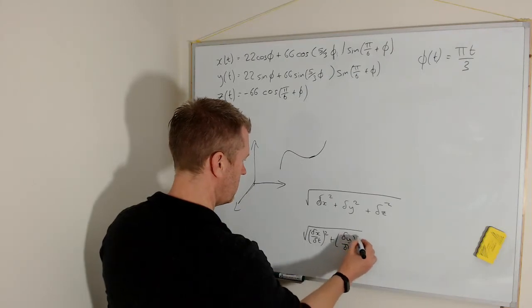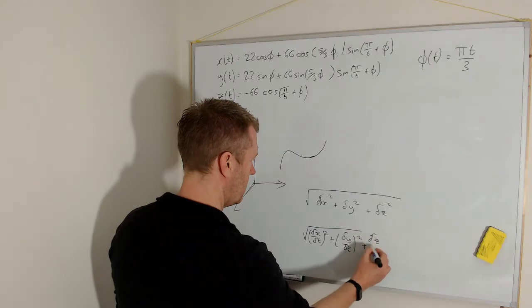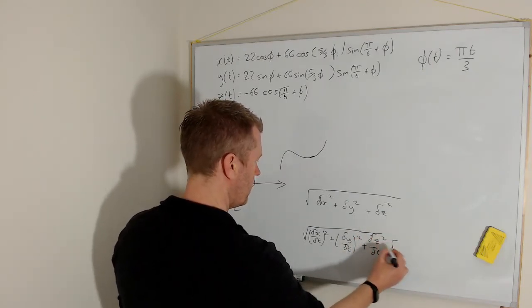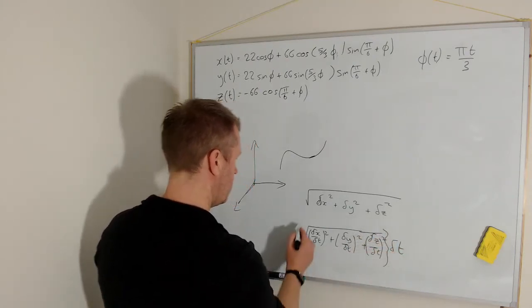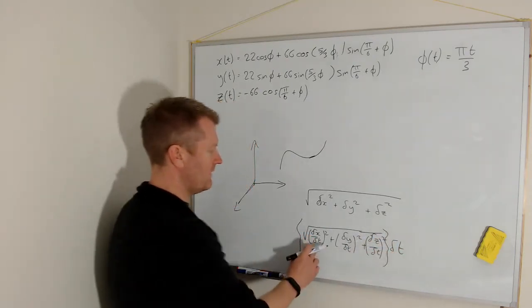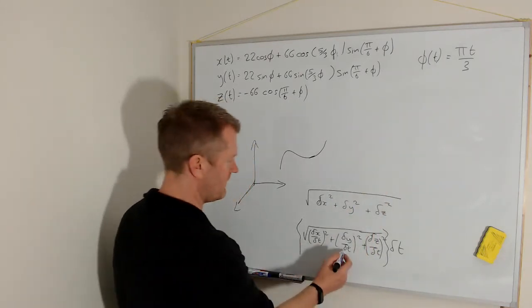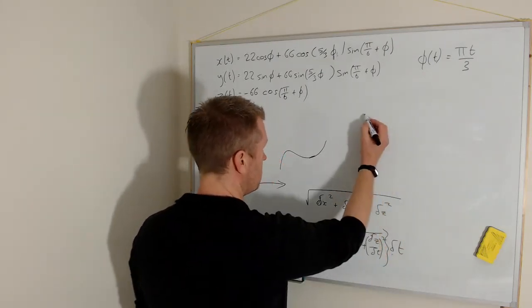Delta t, that's outside the bracket there. And then we take the limit as delta t tends to 0. This becomes dx by dt, this becomes dy by dt, this becomes dz by dt. And then we sum over all of them.